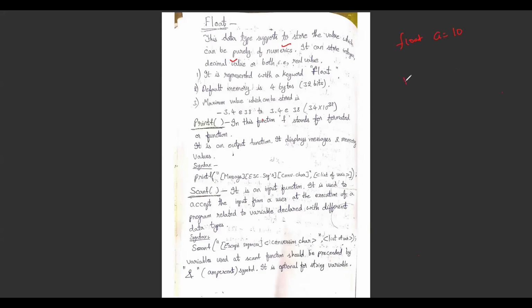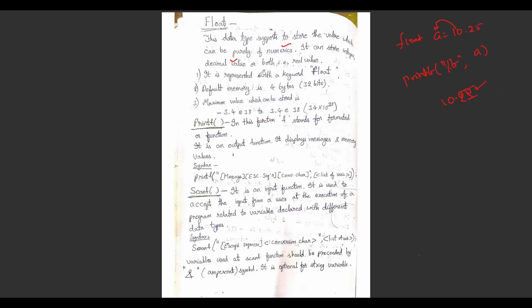If I print this value with printf percentile f, what is this percentile f? I'll tell you in coming classes. The value of a will be printed as 10.00. Even though this is an integer 10, you can assign an integer to a float, but by default it is going to print 10.00. If you assign 10.25, it is going to print 10.25.